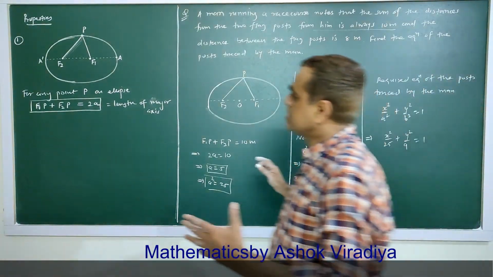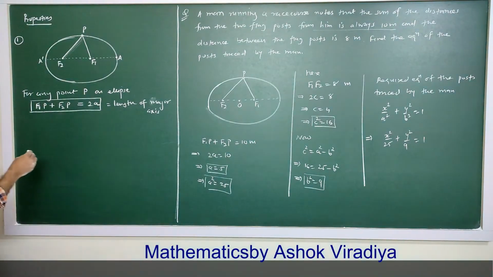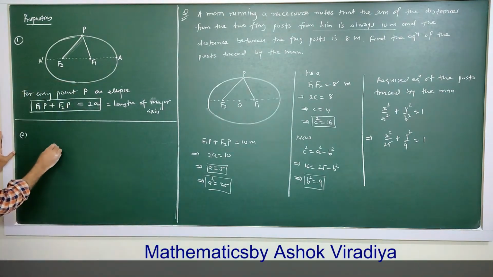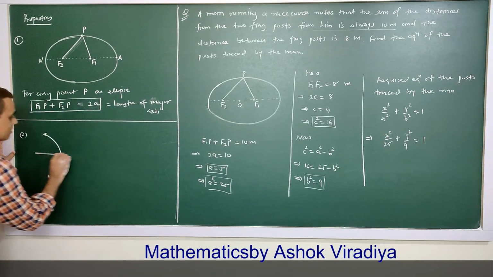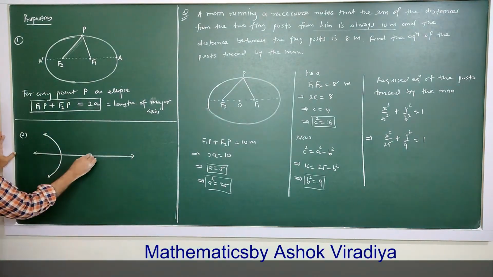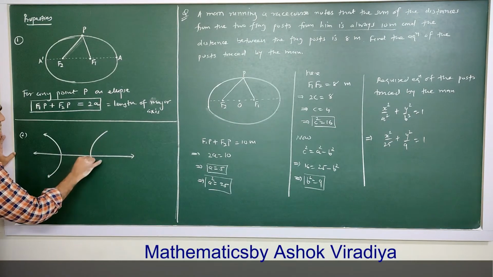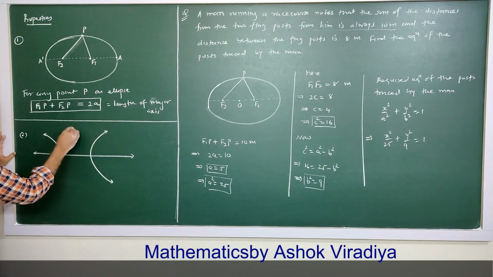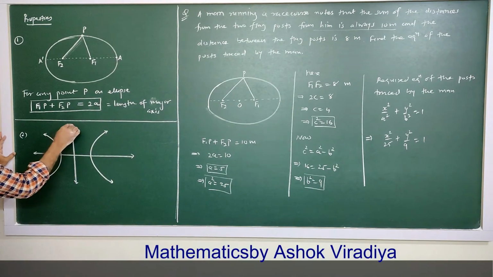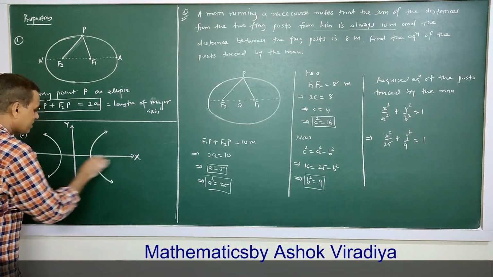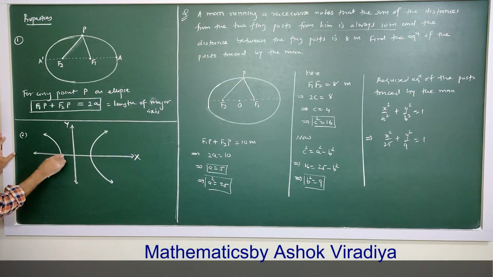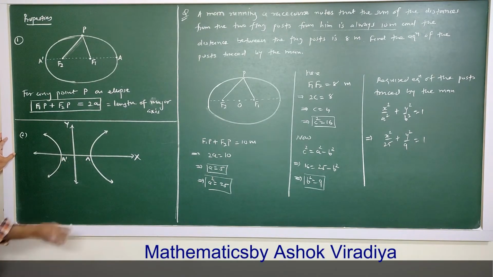We also discussed a property of hyperbola. There is a similar property in the case of hyperbola. If this is a hyperbola, this is the conjugate axis and this is the transverse axis, with the vertices here.